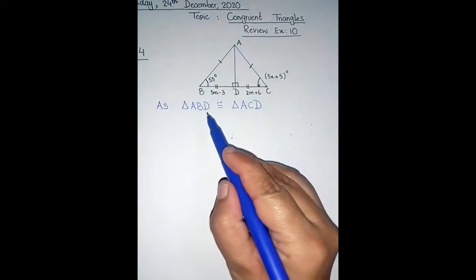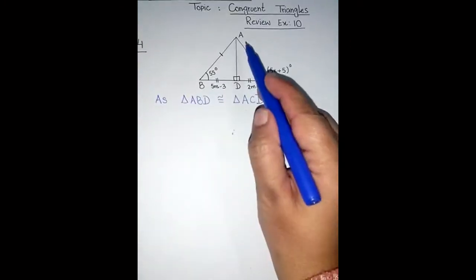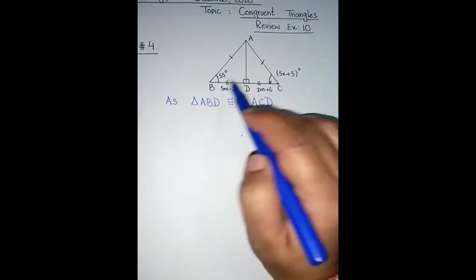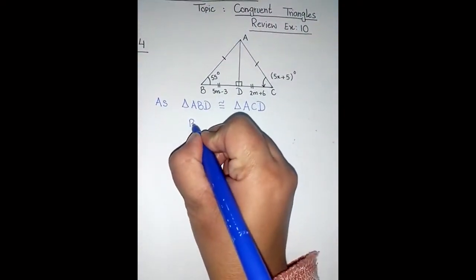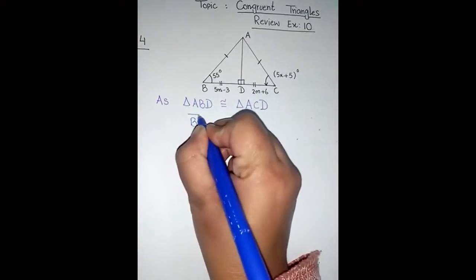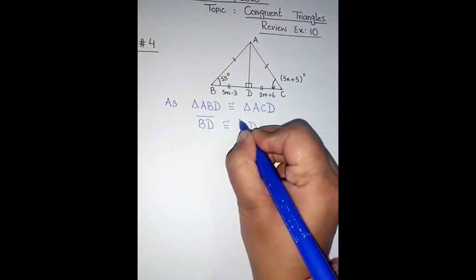So if these triangles are congruent, then hypotenuse is congruent to hypotenuse. Clear? And base is congruent to base. So BD is congruent to CD.